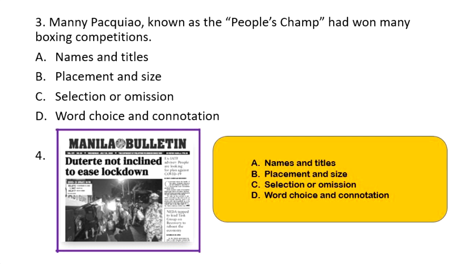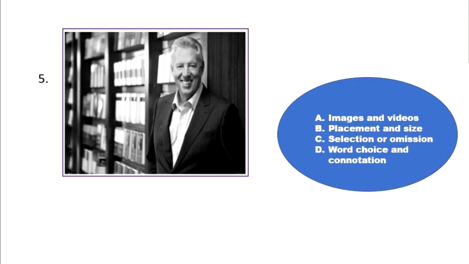B. Placement and size. C. Selection or omission. Or D. Word choice and connotation. Number 5. Take a look at the picture. A. Images and videos. B. Placement and size. C. Selection or omission. Or D. Word choice and connotation.